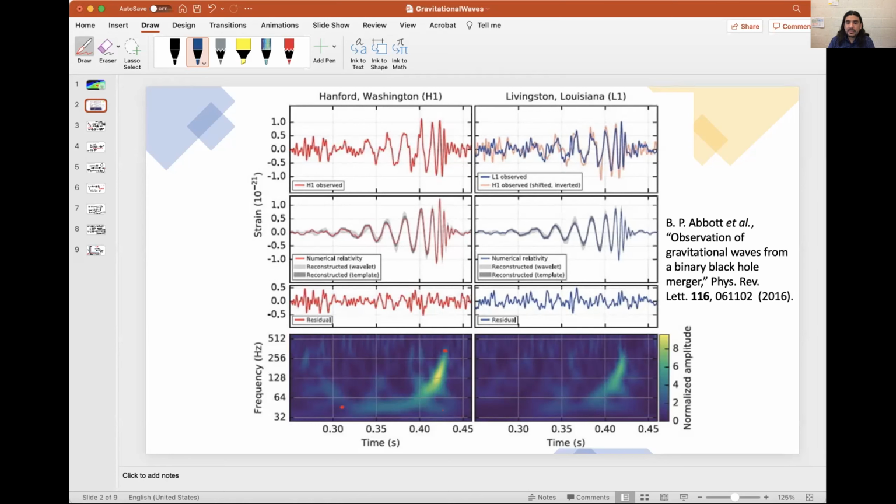After these two detectors, there's a third one, located in Italy, and it's called the Virgo project. So now LIGO and Virgo work together, and you have three detectors on the Earth. There's one in Washington, one in Louisiana, and one over here in Italy.